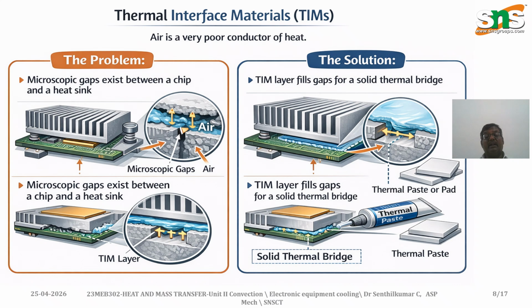Even a millimeter amount of gap has a path for fluid to flow from one point to another. So that has to be taken care of by the TIM layer, that is the thermal interface material layer, for solid thermal bits to the ambience.